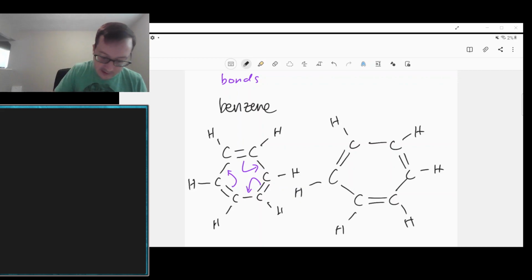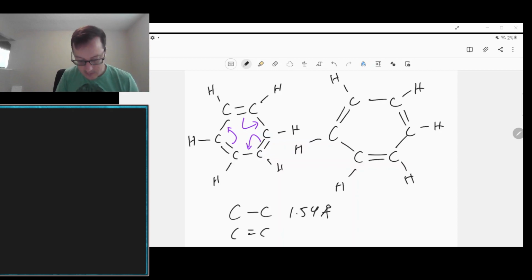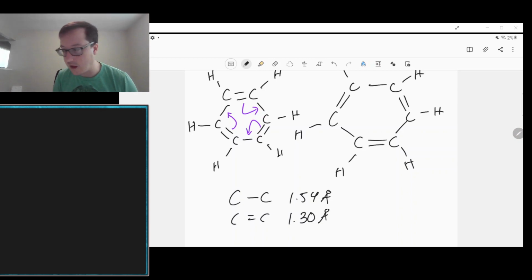And interestingly, a C–C single bond is somewhere around 1.54 angstroms, and a C=C double bond is like 1.3, roughly. I might have these written down here. 1.34, actually. Interesting.